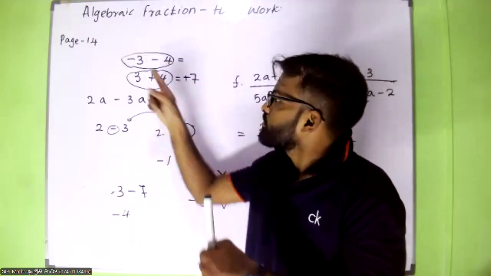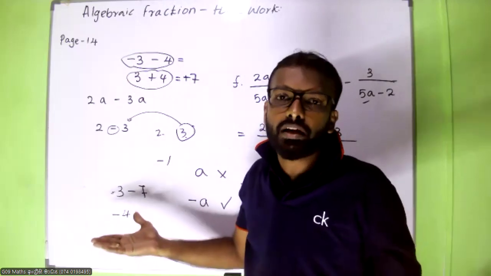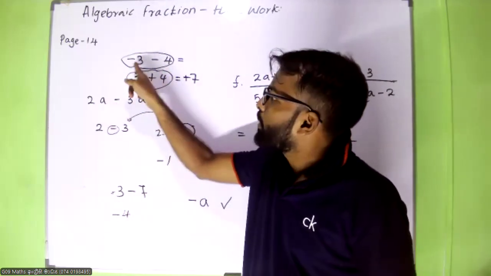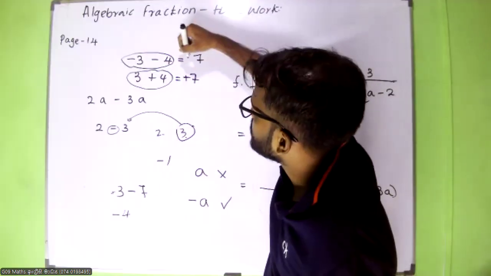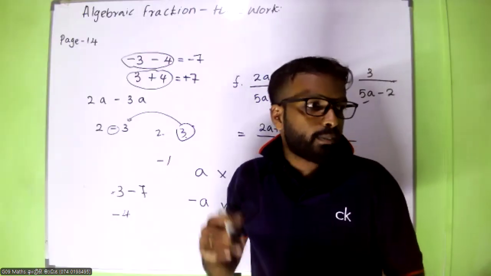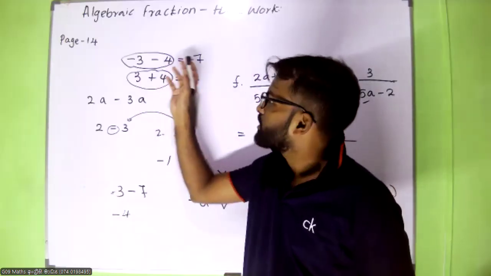Both are negative numbers. Just add the numbers, 4 plus 3, 7. What is the sign? Minus. That is the pattern you need to understand. This should be minus 7.